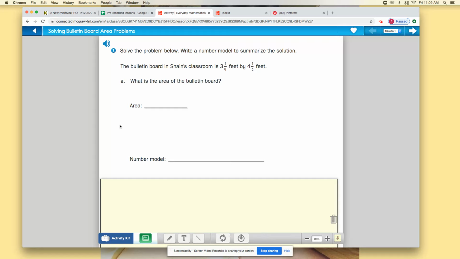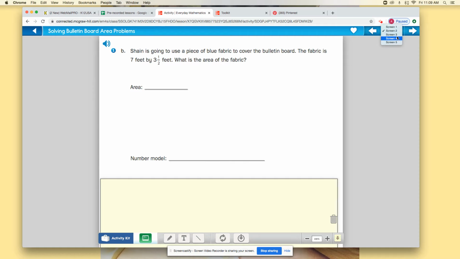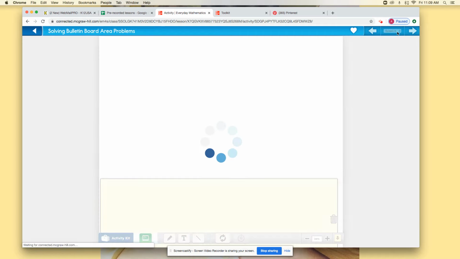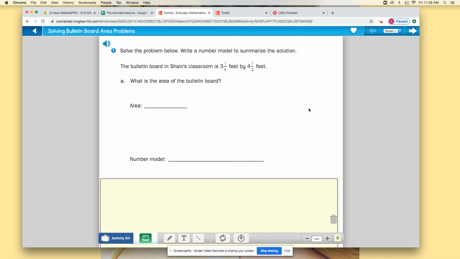Activity 4 is just something different. It's going back to area, and you have a few different problems on here that you can solve, and I'm going to do the first one with you. This lesson does jump around a little bit, but just to review, area equals length times width. The bulletin board in Shane's classroom is 3 1/4 feet by 4.5 feet.